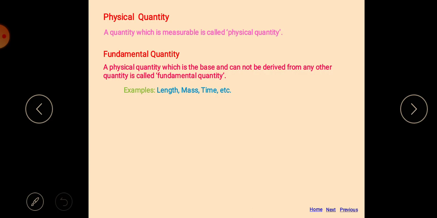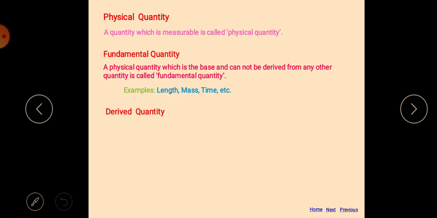What is important in these examples? You can't relate length and mass, you can't relate mass and time, you can't relate mass and length. That means there is no interrelation between these quantities. They are complete on their own and the basic ones, therefore they are known as fundamental or basic physical quantities.